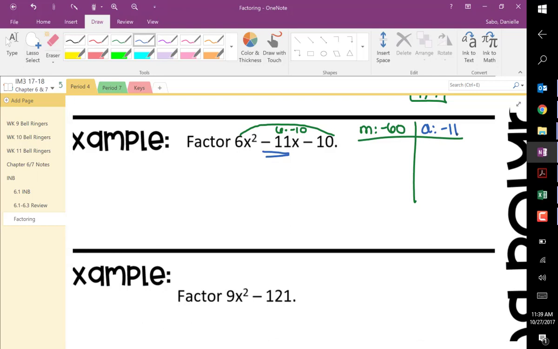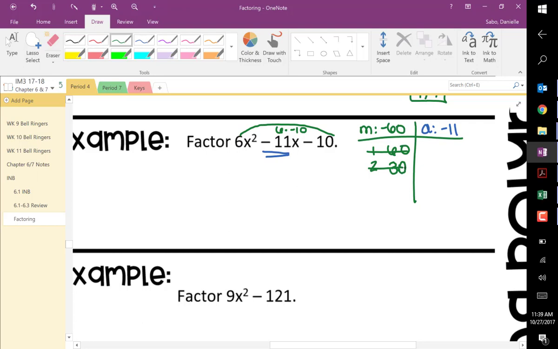Okay. I'm going to write out my factors. I have 1 and 60. That's not going to get me 11. Does 2 go in there? 2 and what number? 30. Okay, but that doesn't work.